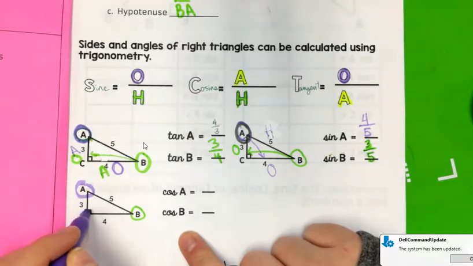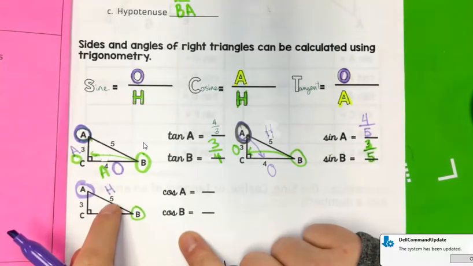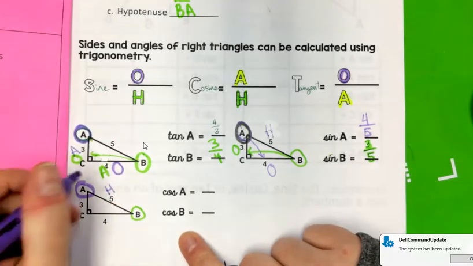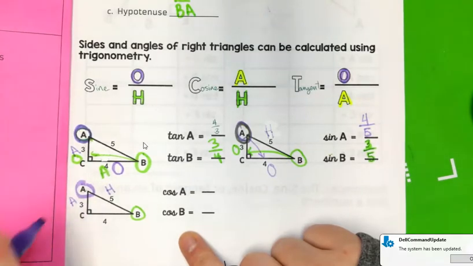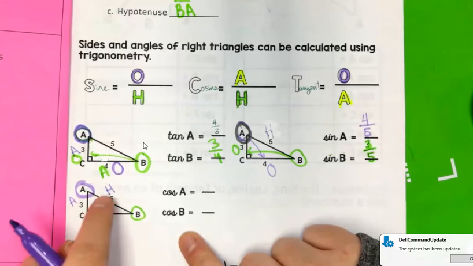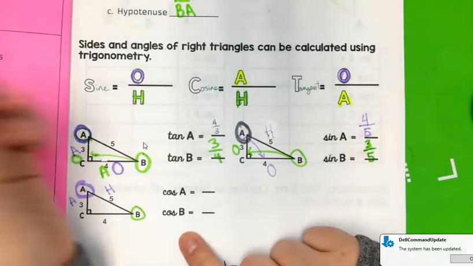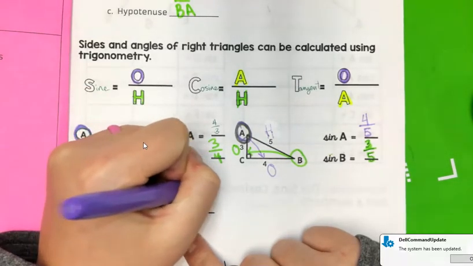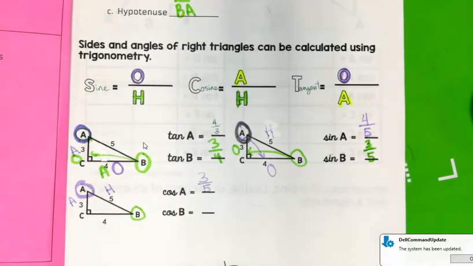It's not going to be the one across the right angle, because that one's going to be the hypotenuse. The adjacent one is going to be the one touching this angle, and then the hypotenuse is going to be the longest side, the one across from the right angle. So 3 over 5 would be that ratio.